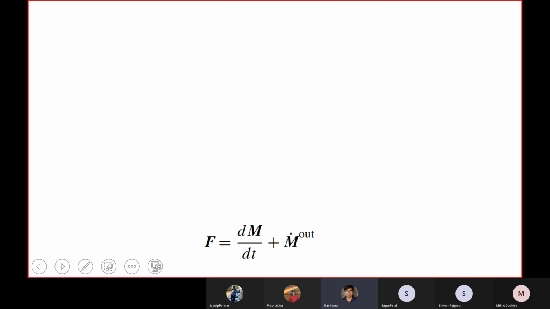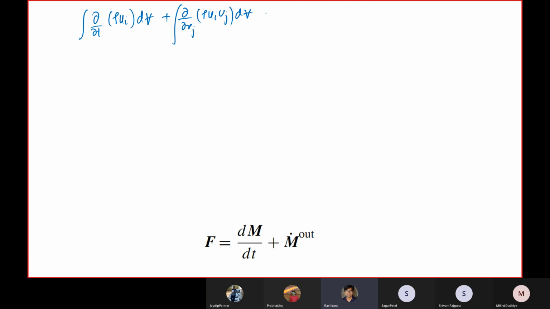Let me write it again here: integral of dou by dou t of rho ui dV, plus integral of dou by dou xj of rho ui uj dV, is equal to integral of rho gi dV plus integral of dou tau ij by dou xj dV, over the whole volume.